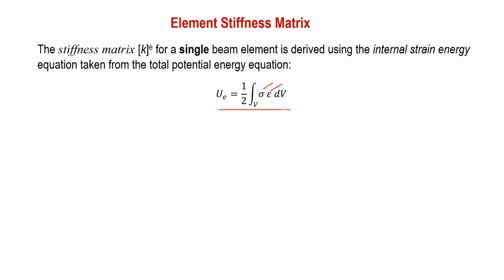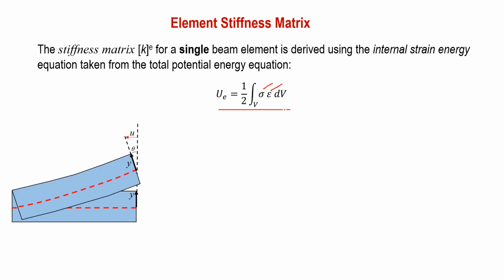To do that, let's imagine a beam that has been loaded will deflect something like this. Now, if we focus on this top corner, we can see that this corner has shifted to the left by U units. If we focus on this triangle, we can define this U. From this triangle, by using a simple geometry equation, we can define U is equal to y theta.